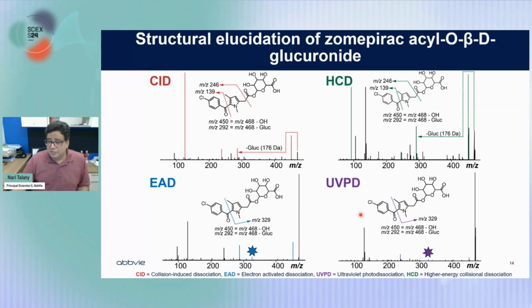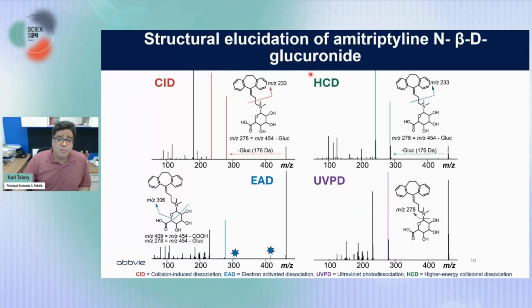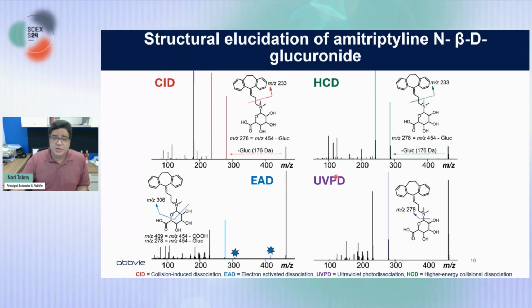UVPD and EAD are in a similar realm, but EAD is definitely giving us a richer set of fragments at this point. For the compounds that we've tested, if there are double bonds, the UVPD tends to have a little bit of an edge. So I think all of these techniques, you'll see eventually, are complementary to each other as well.